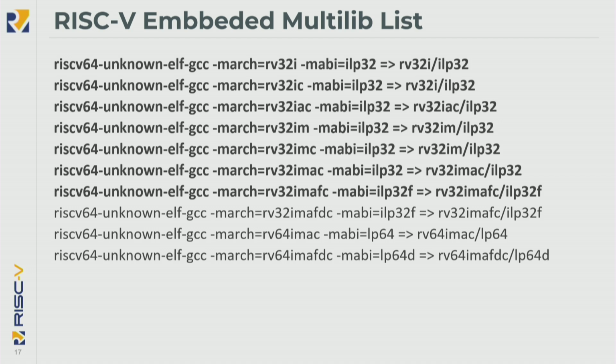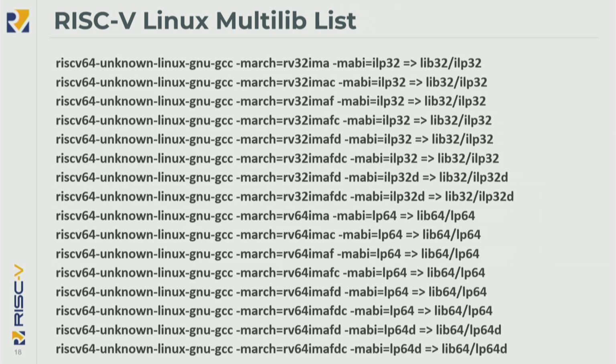For the embedded toolchain, these are the possible lists. On the other hand, for Linux, this is the list. So this is what we mean by it being nice and clean, and already well known within the ISA itself.